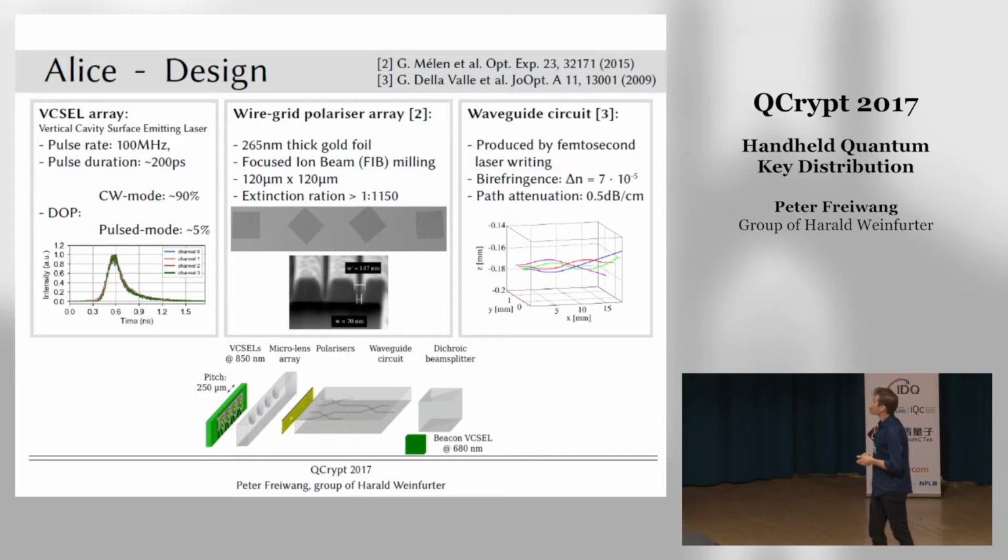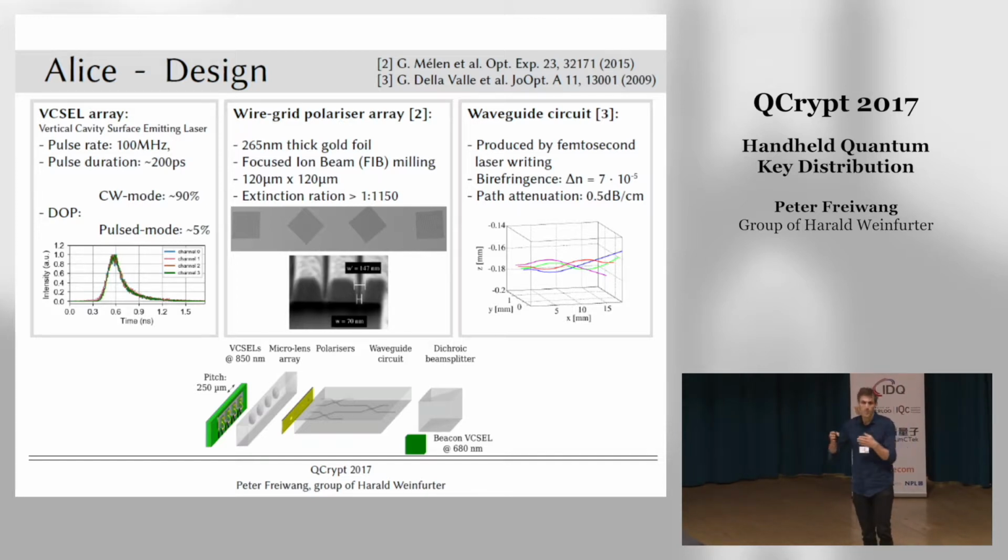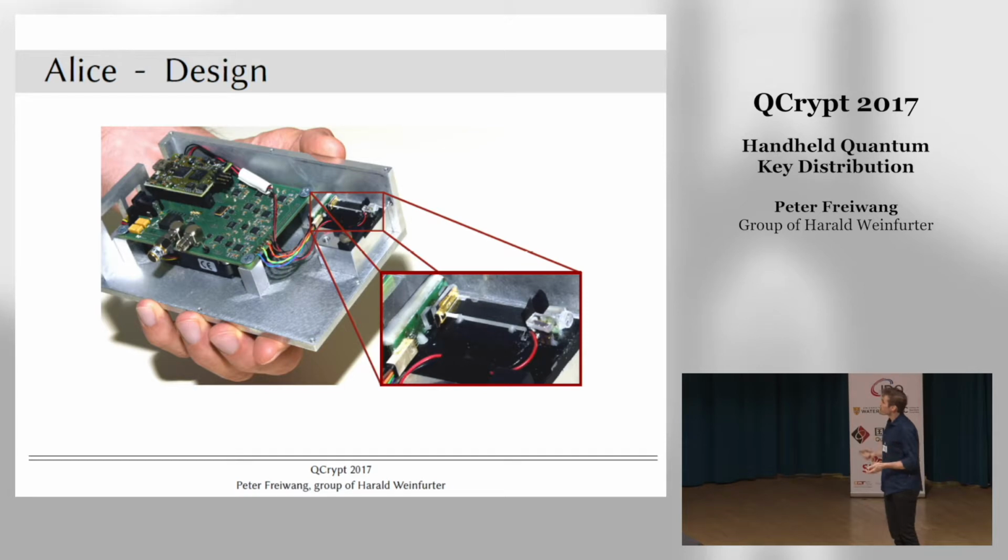The birefringence is 7 times 10 to the power of -5, and the path attenuation is 0.5 dB per centimeter. The waveguides are also structured such that they create a sort of 3D structure in order to get an optimal coupling of V and H. And this is basically the result.